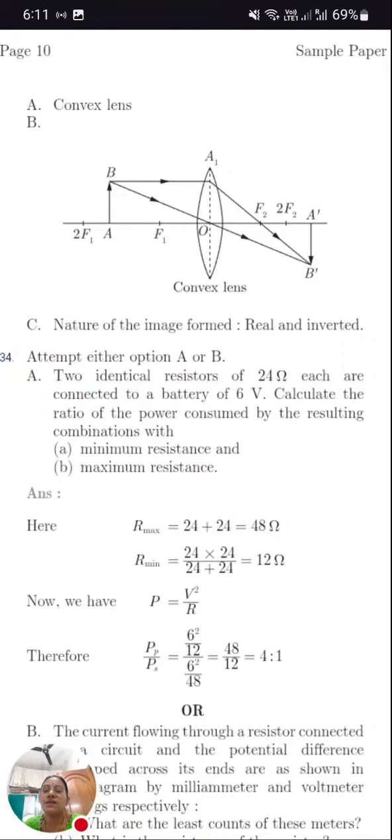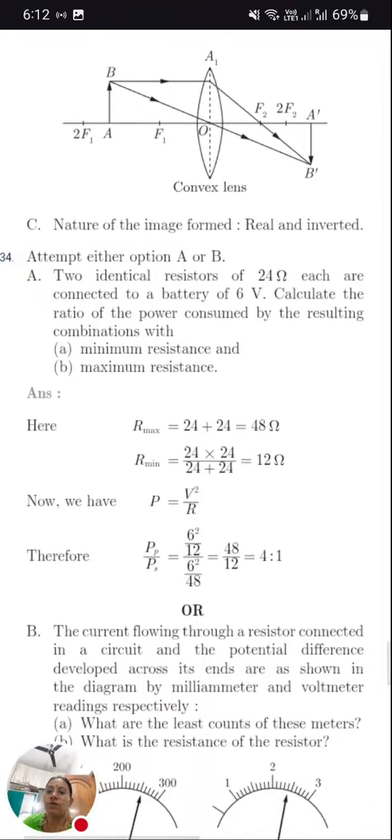If they are connected in series, we get maximum. Parallel condition: 1 upon 24 plus 1 upon 24, reciprocate, the answer will be 12. For maximum, we connect them in series, 24 plus 24, 48. Maximum is the series connection where the answer is 48, and for minimum we got 12.